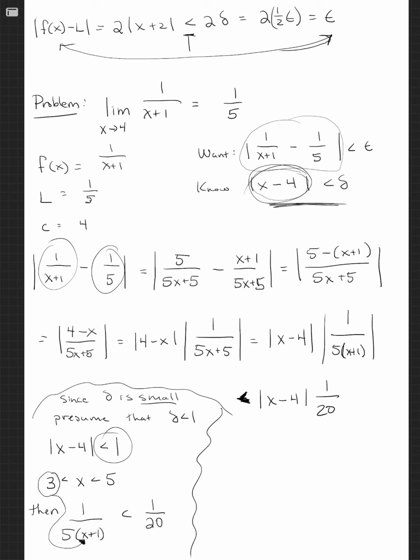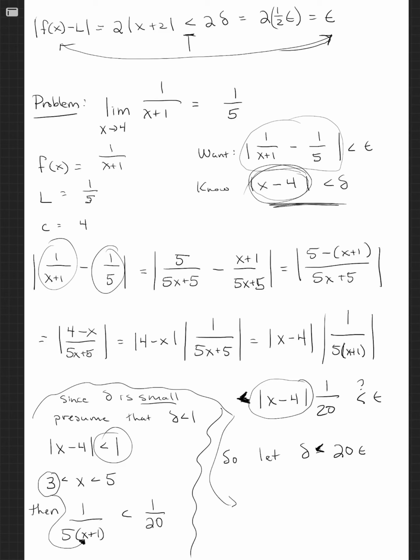We get absolute value, or this should be less than 1/20th. And so now we want to make sure that this is less than epsilon. Right? And so what that means is that when this piece gets multiplied by 1 over 20, we want it to be less than epsilon.